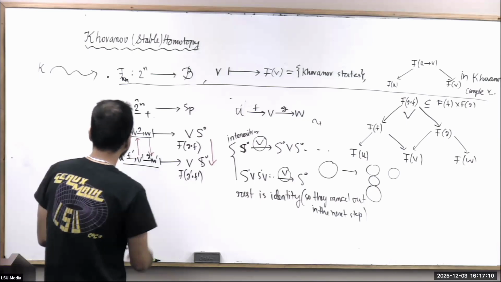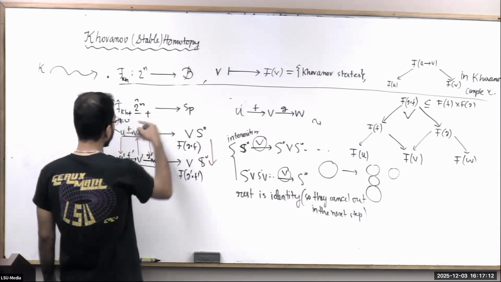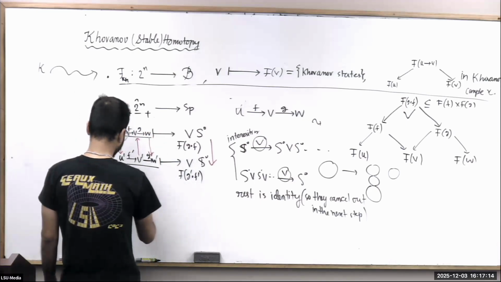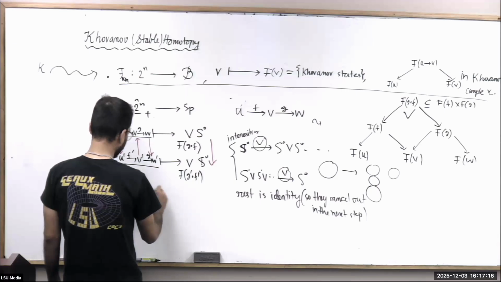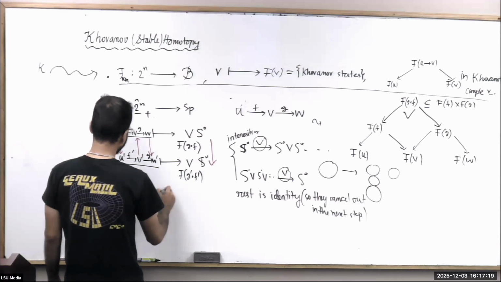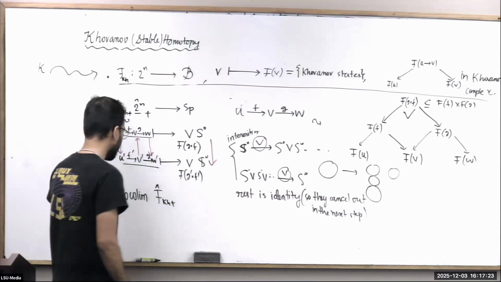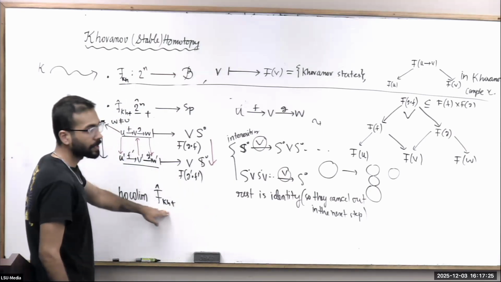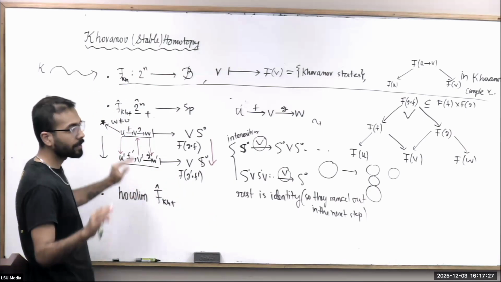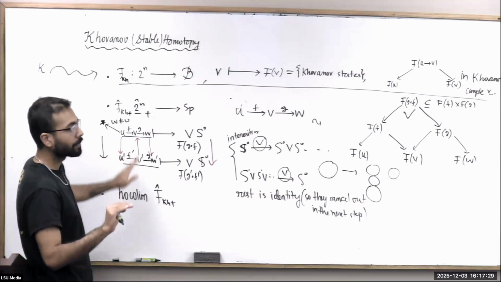And the next thing you do is to take the homotopy colimit of this diagram. If you don't know what that means, simply think of taking a colimit of a small diagram.